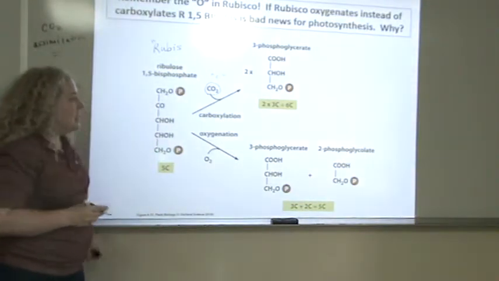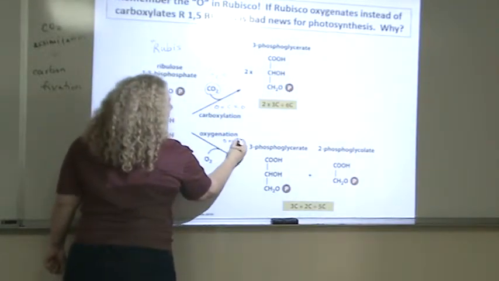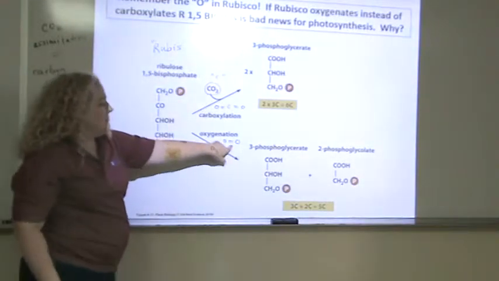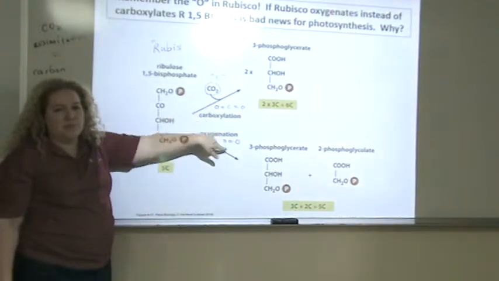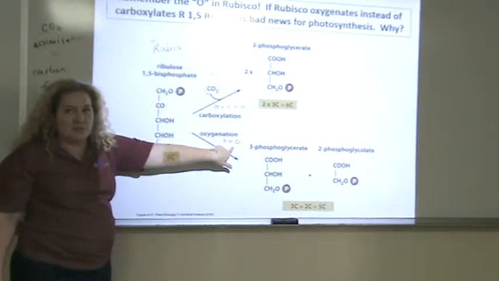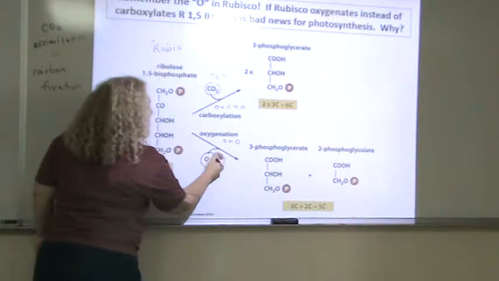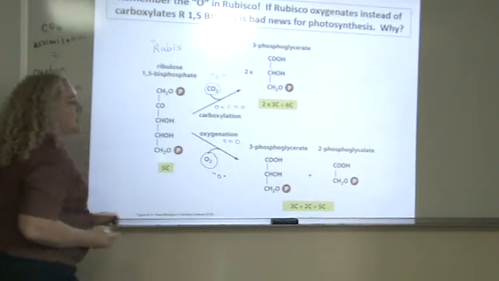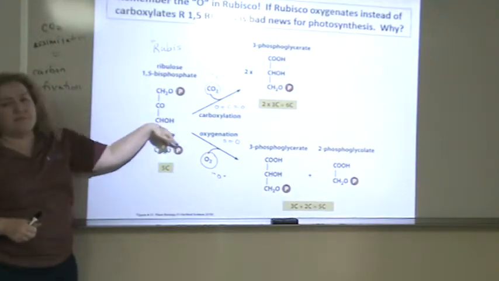But we talked about last time how this molecule and that molecule are chemically similar enough that oxygen can bind in the binding site for CO2. It's shorter, but it's got the same general character on each end of the molecule. So if Rubisco is binding oxygen, and that's the O part in its name, it can add oxygen onto ribulose 1,5-bisphosphate as well.